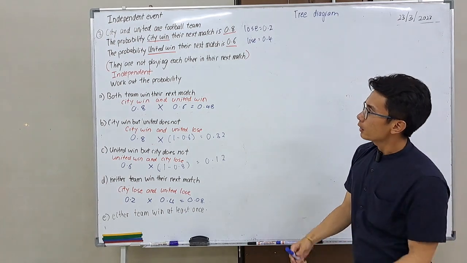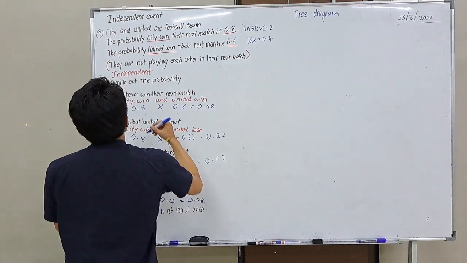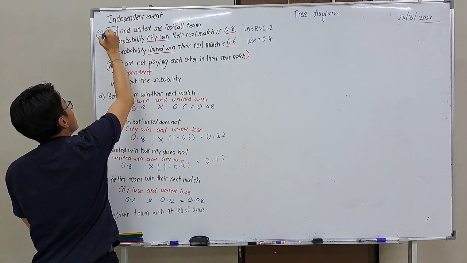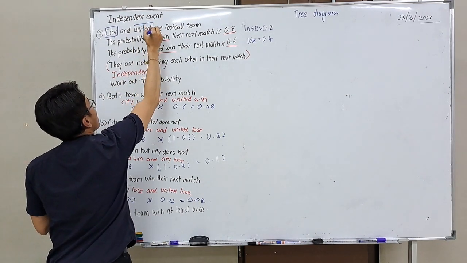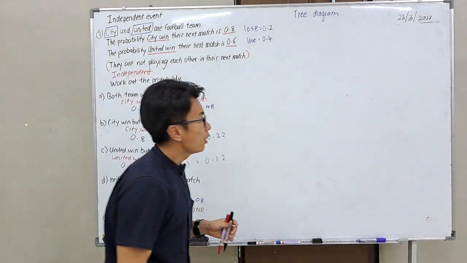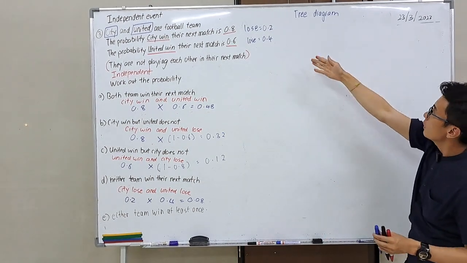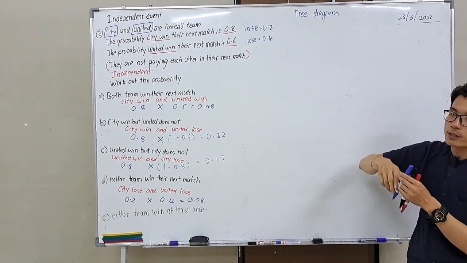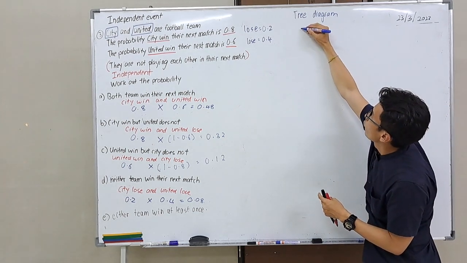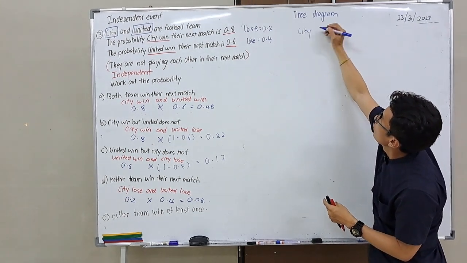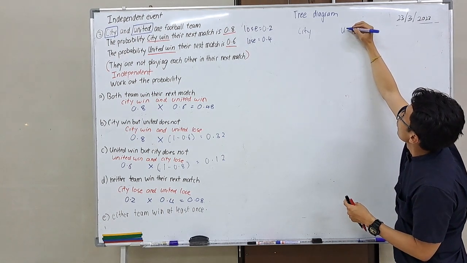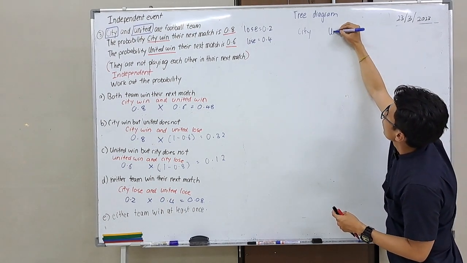So again, how do I start? What is the information I have? I know, based on the question, I have two teams over here, which is City and United. So I'm going to have a column to represent City and another column to represent United. So I have City over here, and I have United over here.